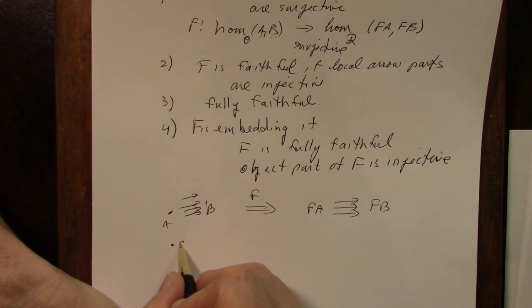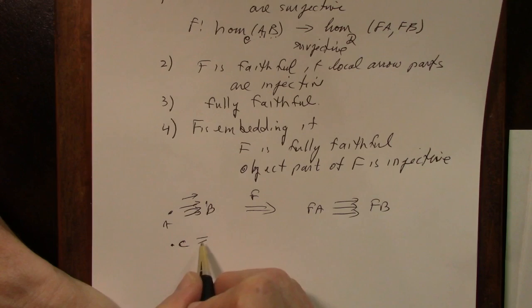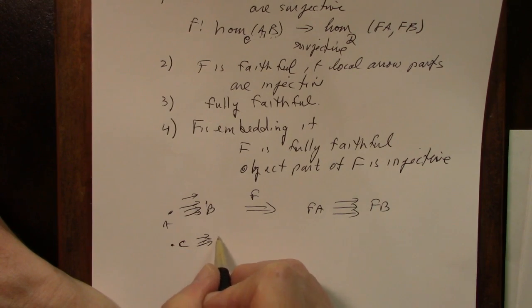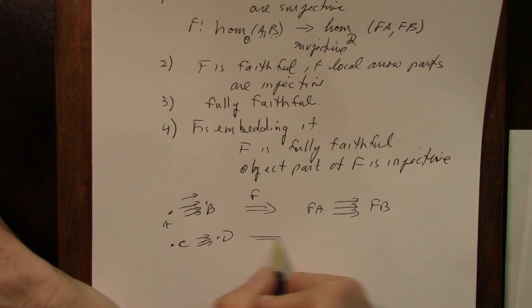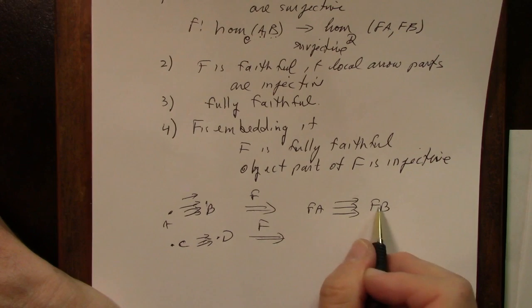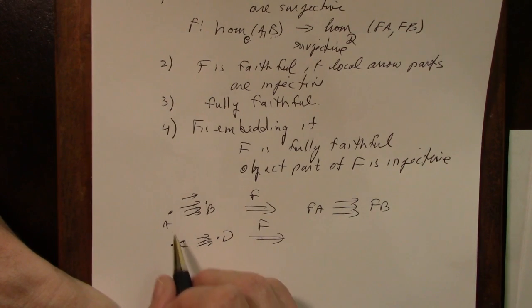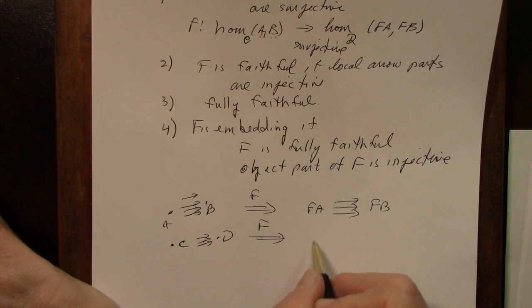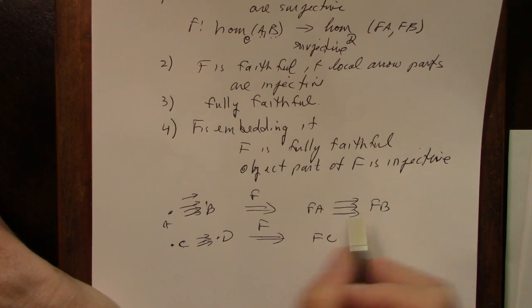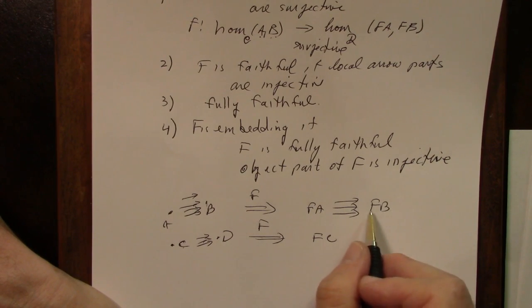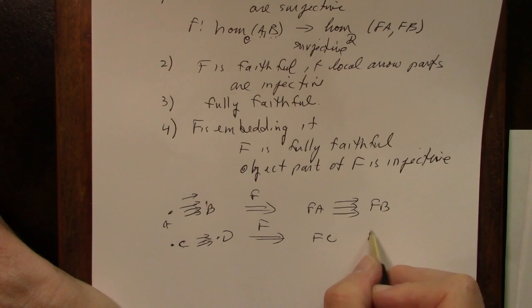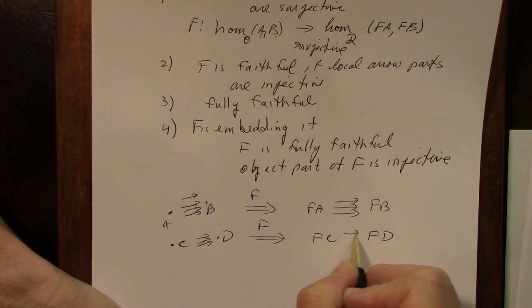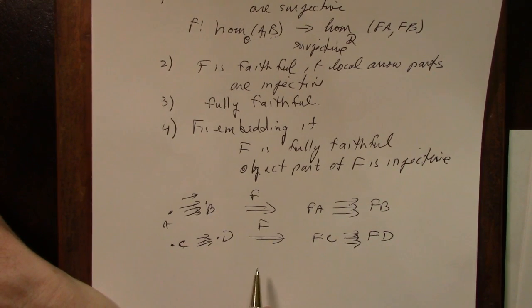If you have, let's say, C and D over here, C will go to someplace different than A, and D will go to someplace different than B, and so these arrows will be different from these arrows, and it's a much cleaner situation.